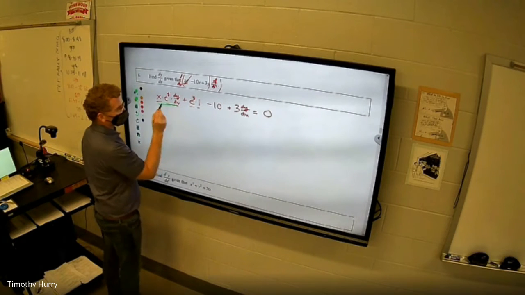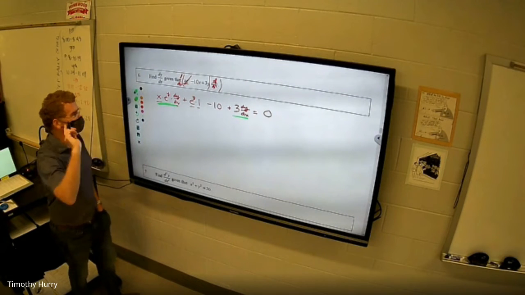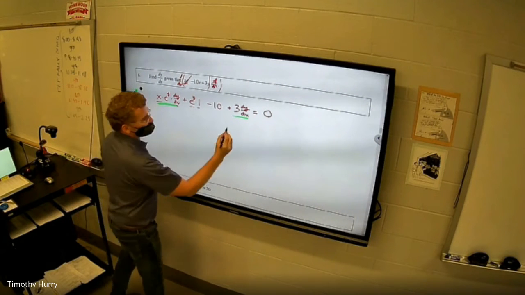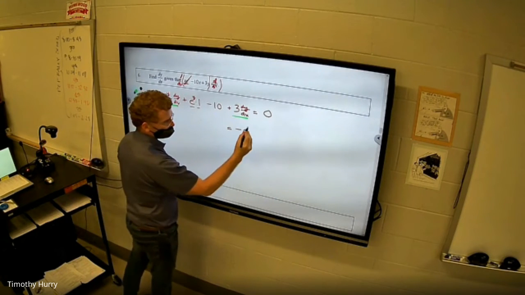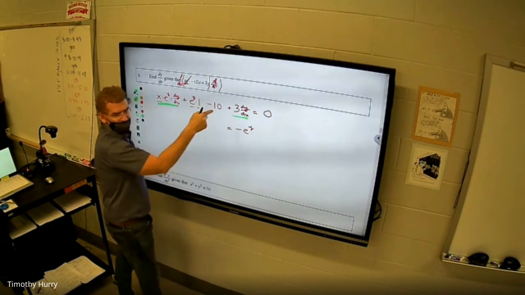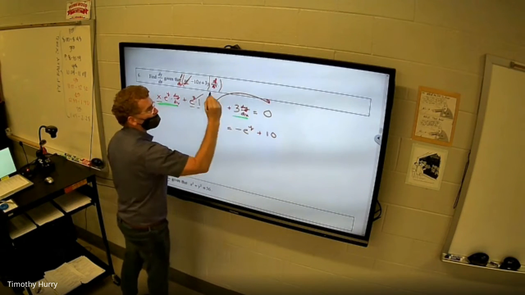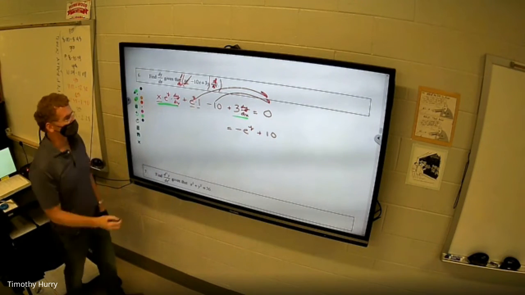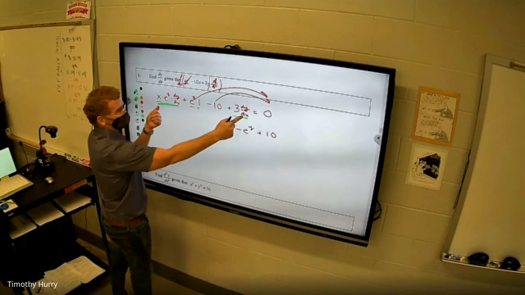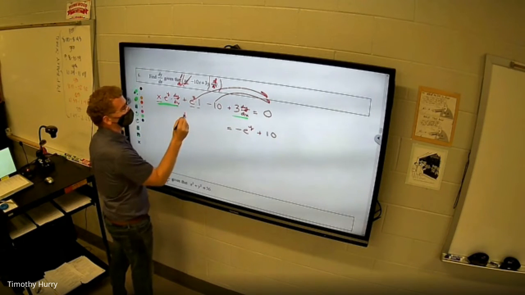Now, what do I do next? So this term and this term have dy dx's in them. Move everything else over. So I am going to subtract the e to the y from both sides. I'm going to add 10 to both sides. And that's going to move both of those over, right? And then to save a step, I'm going to take what's left and do what with it? Factor out the dy dx.